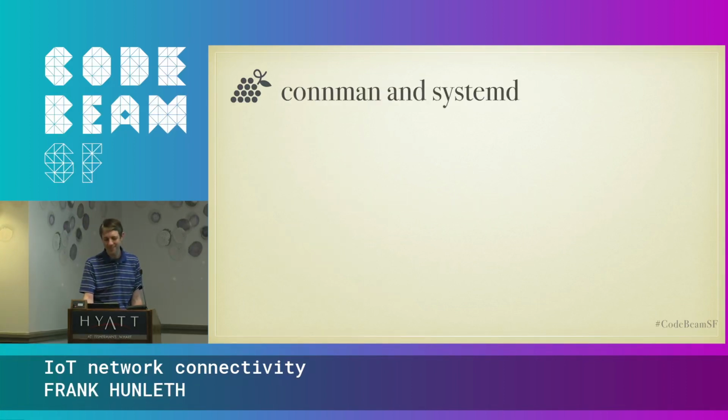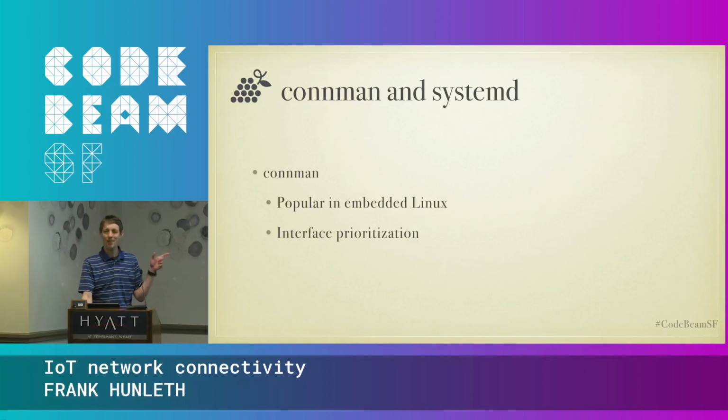All right. Then the final two that are kind of popular, and I lumped them together even though they're completely different, are connman and systemd. I bet a lot of people know systemd, but connman's very popular on the embedded side.